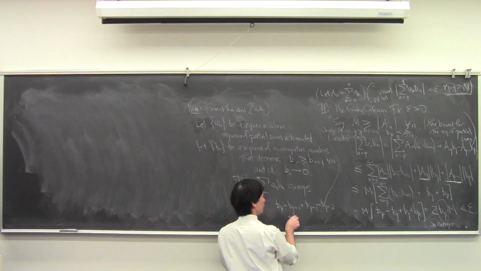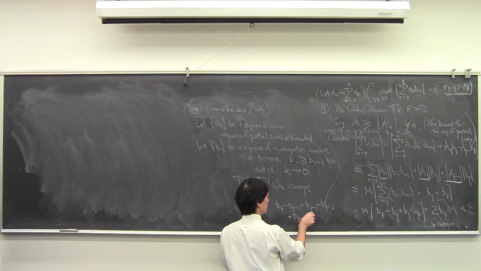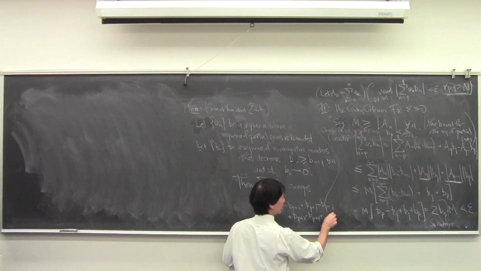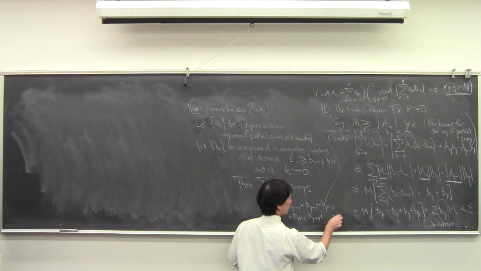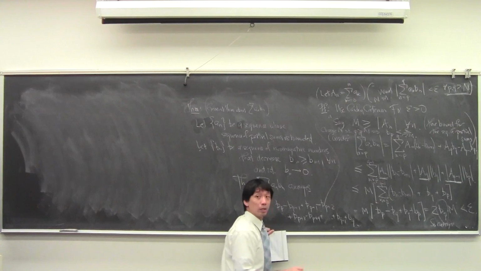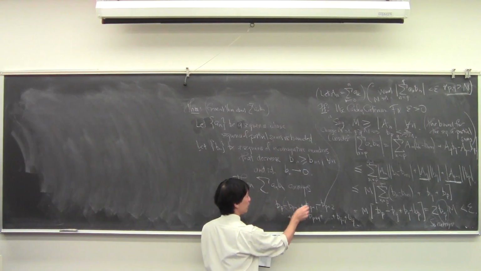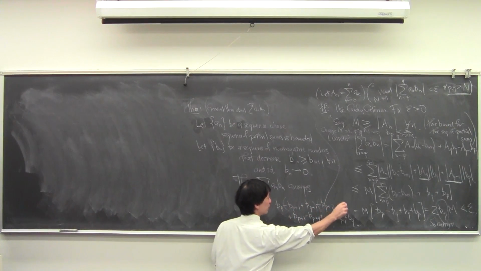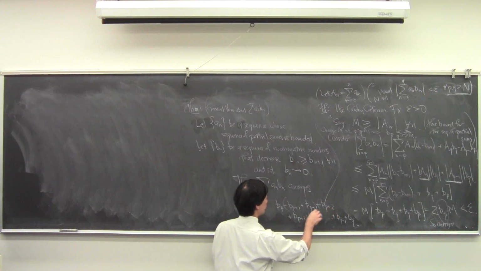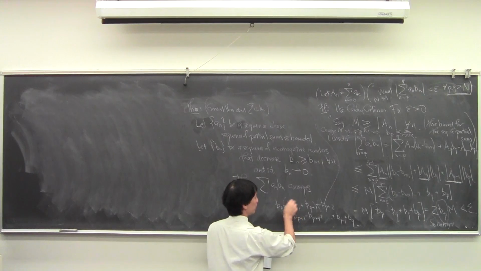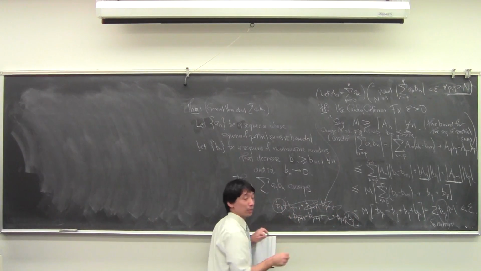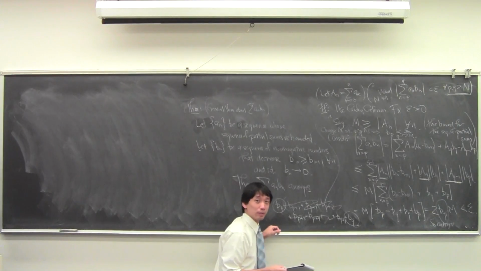And then you have b sub p plus 3 minus b sub p plus 4, plus minus plus minus, up until the last one, b sub q minus 1 minus b sub q, right? But you see that all these interior terms vanish in pairs, and you get left with the first and last ones.